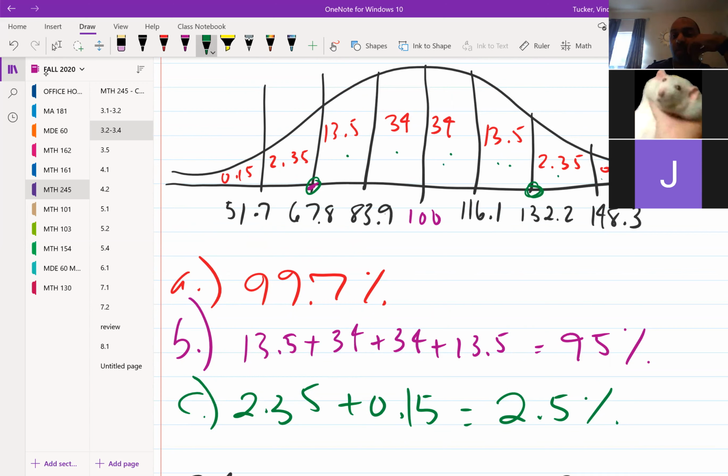No, the 0.15. Where's that on the screen? Oh, on the very tail end, right here. I didn't see that one. I was looking on the opposite side. Okay, cool. And don't forget that if it's going to be over here, then it has to be over here as well, because it's symmetric. Whatever's going on the left side also goes on the right side. Okay. Got it. Thanks.